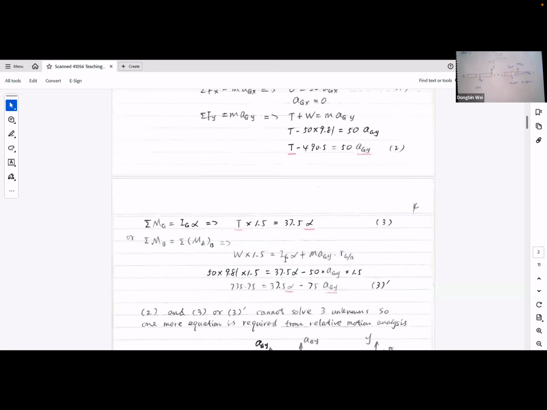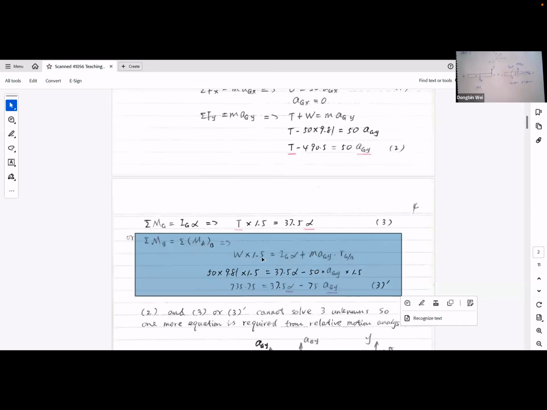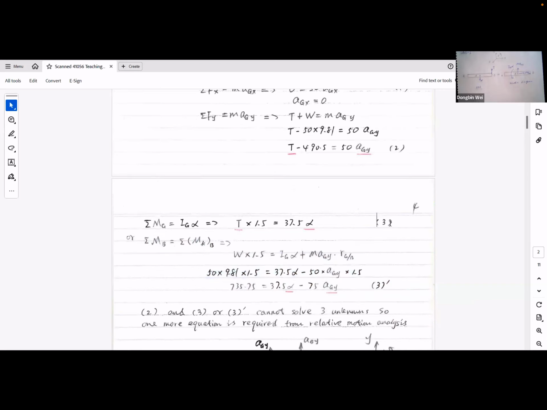But you can see here, if you use point B for your calculation, actually the calculation is a little bit more complicated. But finally, you will get your third equation. Okay, for the third equation, 3 and 3 prime, you only need one. Okay, one of them will be sufficient.